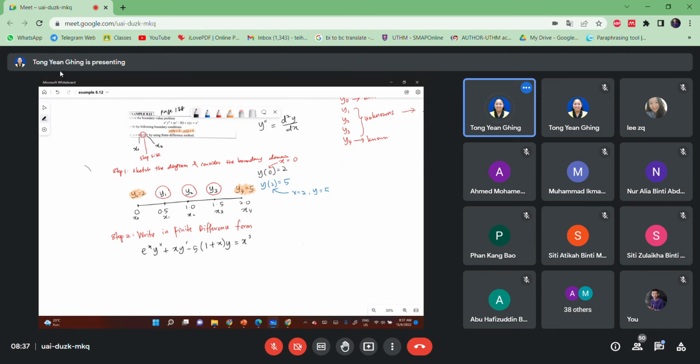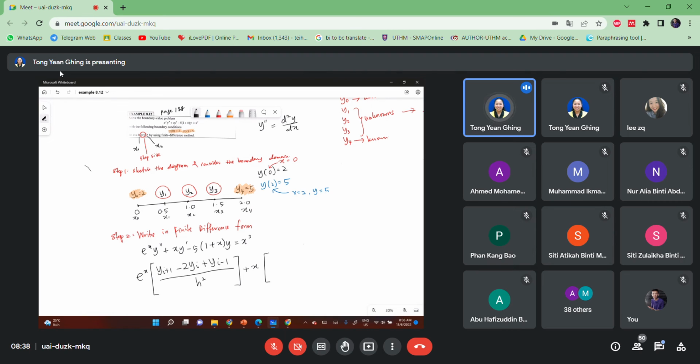Okay, done. Now this one, e power of x, this one has to change. In the finite difference form, this is y(i+1) minus 2yi plus y(i-1), divided by h squared. Just substitute that formula, and then plus x times y prime.